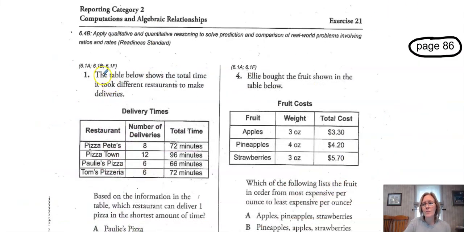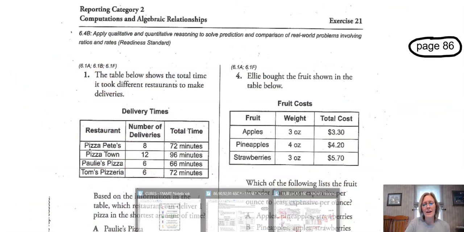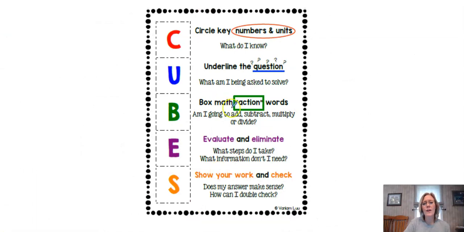I hope that you have a pencil, you have your paper ready, and that you're ready to begin. To remind ourselves as we work, we are using a thinking strategy the whole time. You can't solve a problem unless you can make yourself understand it, or at least part of it. By doing that, we circle numbers.